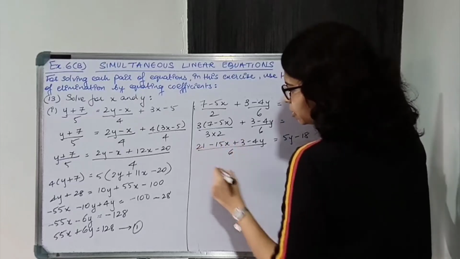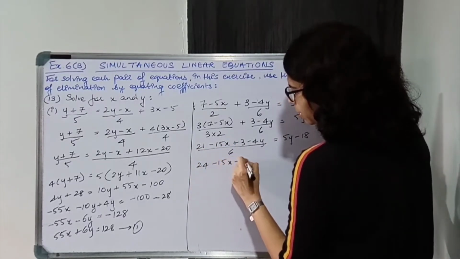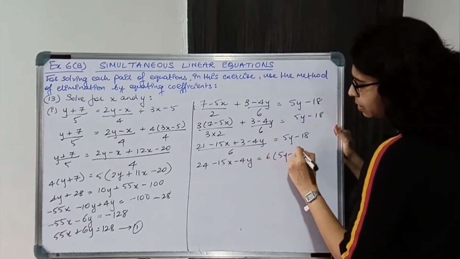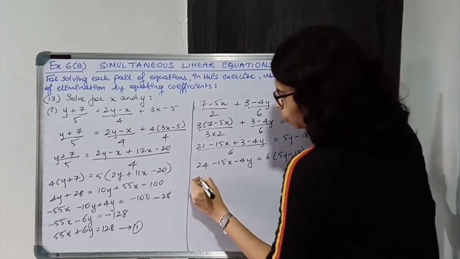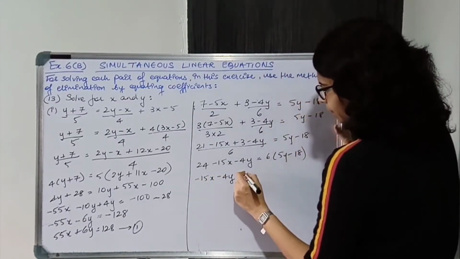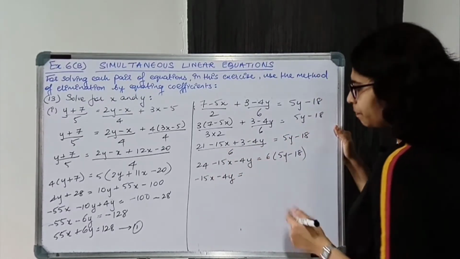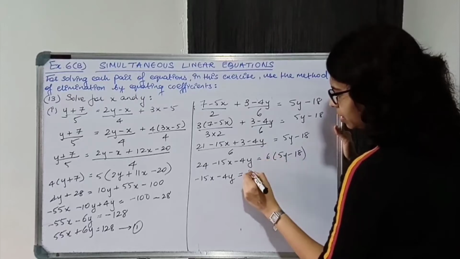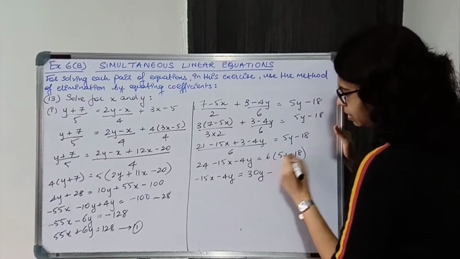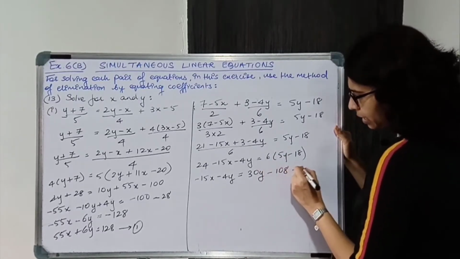So 21 plus 3 gives 24 minus 15x minus 4y. Shifting 6 over here into 5y minus 18. So minus 15x minus 4y. I'll shift this over here. The number goes to the RHS. So first 6 5s are 30y and minus 6 18s are 108. Okay, minus 24.